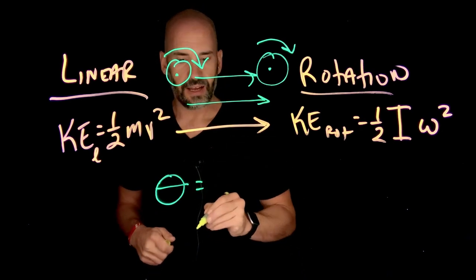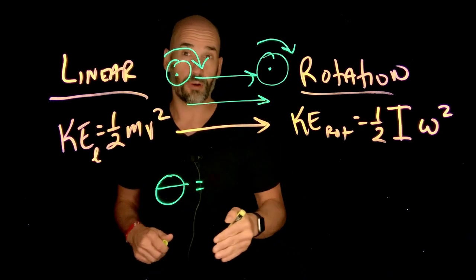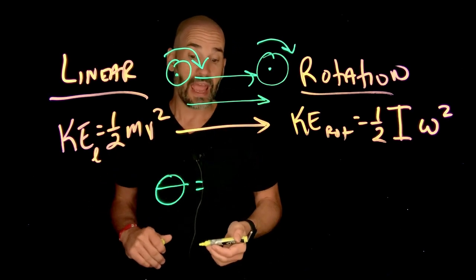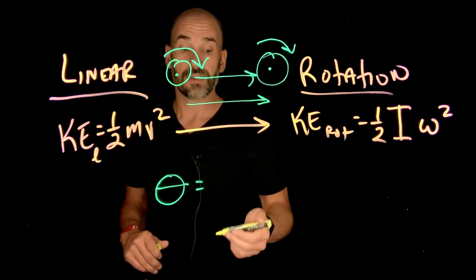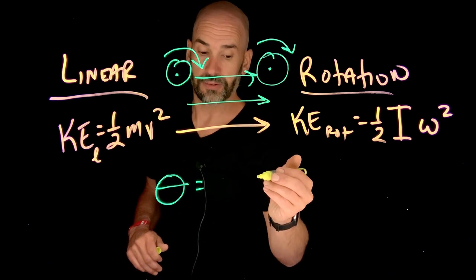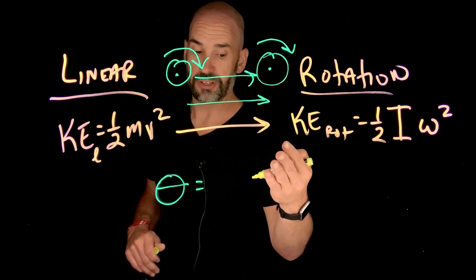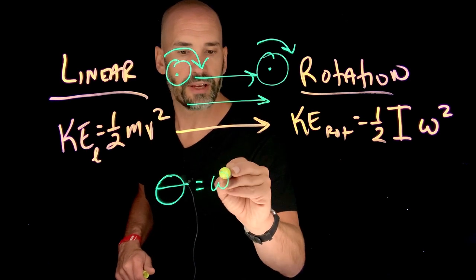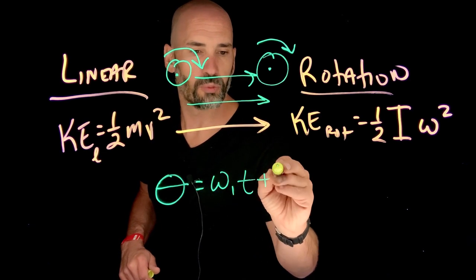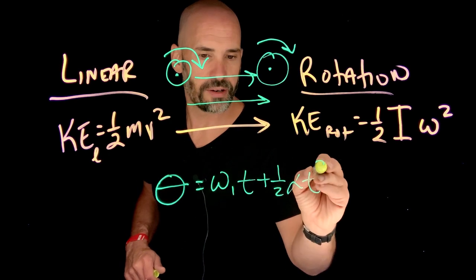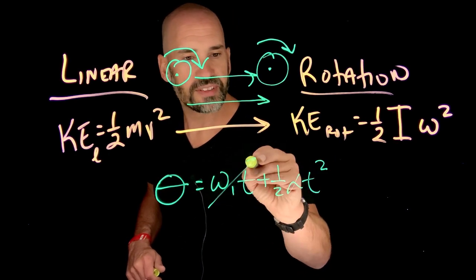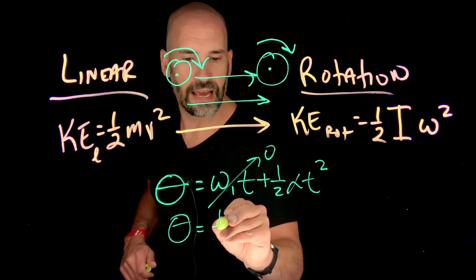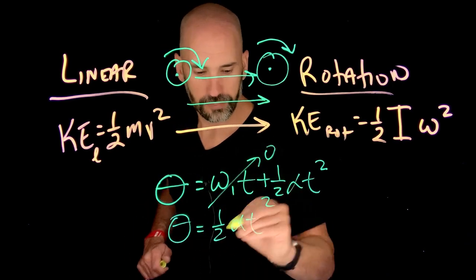It says it begins to rotate, so omega 1 is 0. And lastly, it talks about a certain angular acceleration that's constant. So this implies to me that I would use theta equals omega 1 t plus 1/2 alpha t squared. But omega 1, remember, is 0 here. It's going from rest. So theta equals 1/2 alpha t squared.